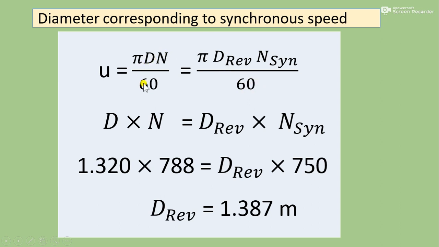In this case 60 and pi get cancelled, so we get the relation wheel diameter into wheel speed is equal to revised diameter into synchronous speed. In this, wheel diameter is known, n is known, synchronous speed is calculated, and by this we get the revised diameter in meter.